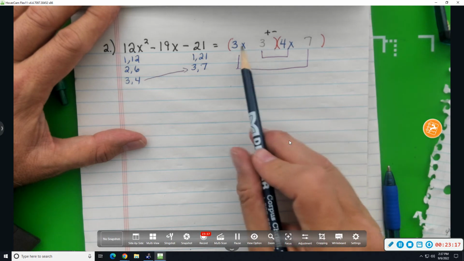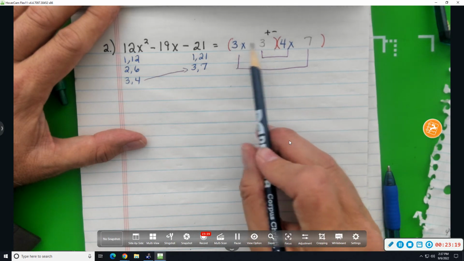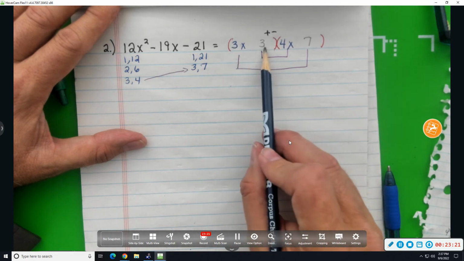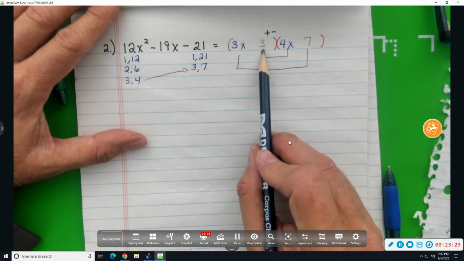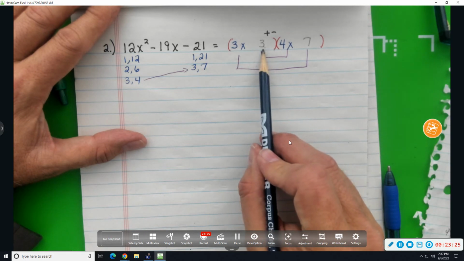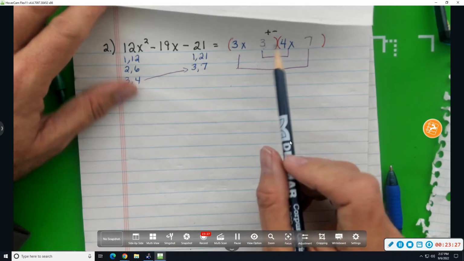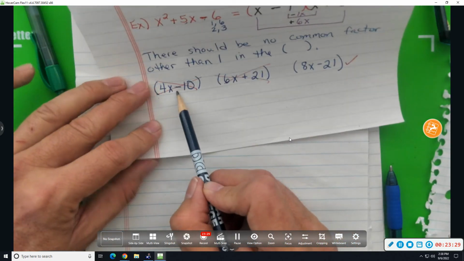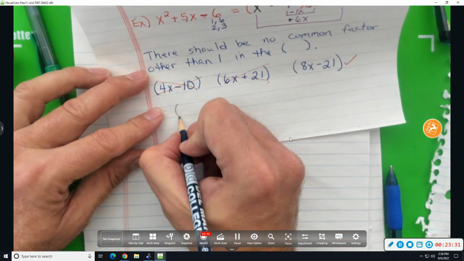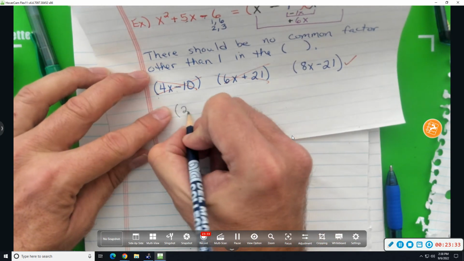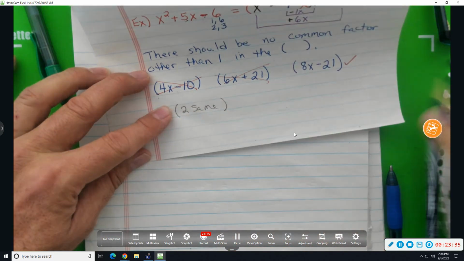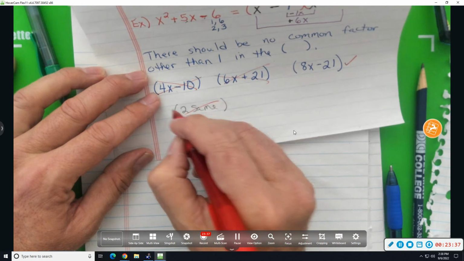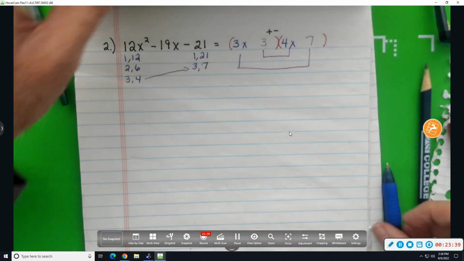That cannot possibly work. What number other than 1 would divide into both of these numbers? 3. When I said earlier you could have 2 even numbers in the parentheses, I should have also made this note. You can't have 2 of the same numbers. You can't have a 3 and a 3, because then 3 divides into them.